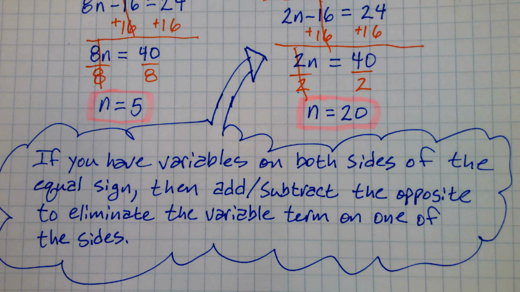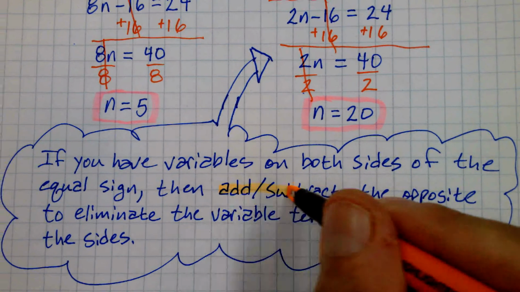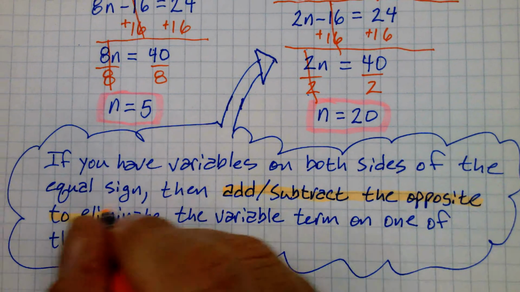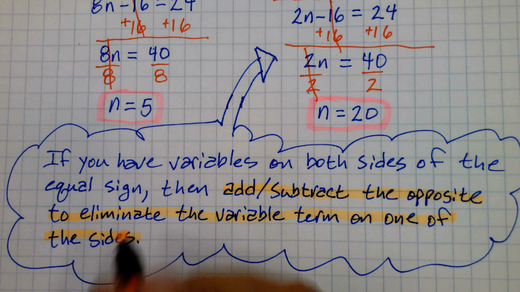Okay, so that's going to be the key to what we're going to be doing. So the main thing we should walk away here with is add or subtract the opposite to eliminate the variable term on one of the sides.